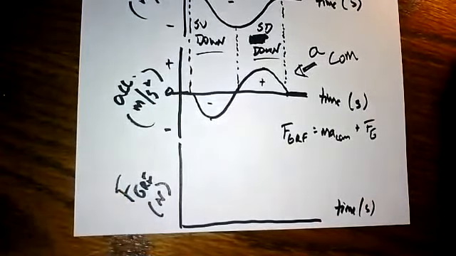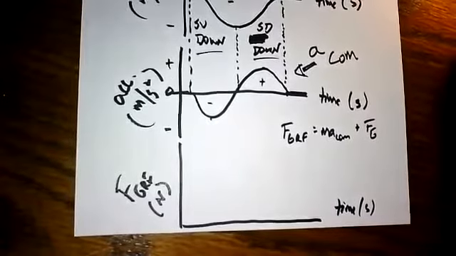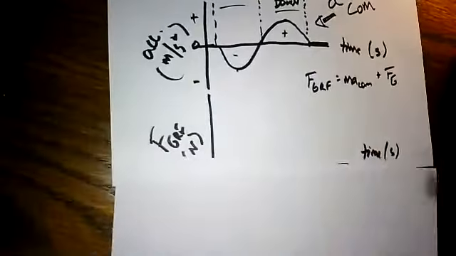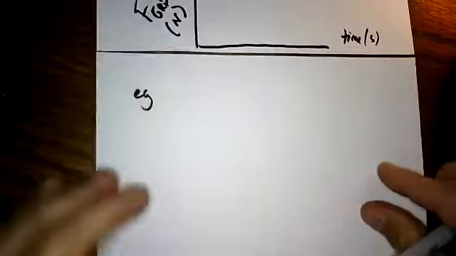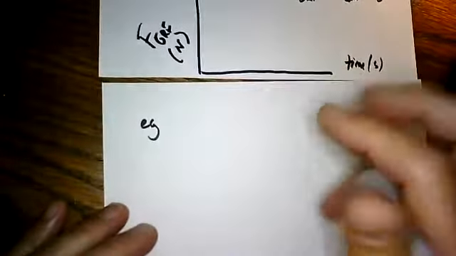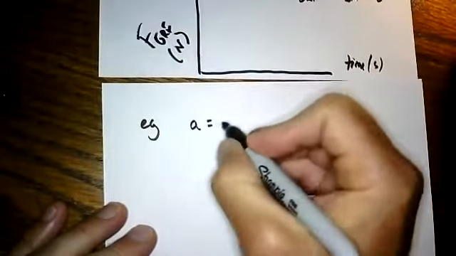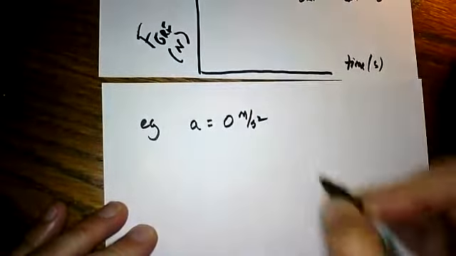So, for example, let me get another piece of paper here. For example, let's say in this situation, acceleration is equal to 0 meters per second squared.